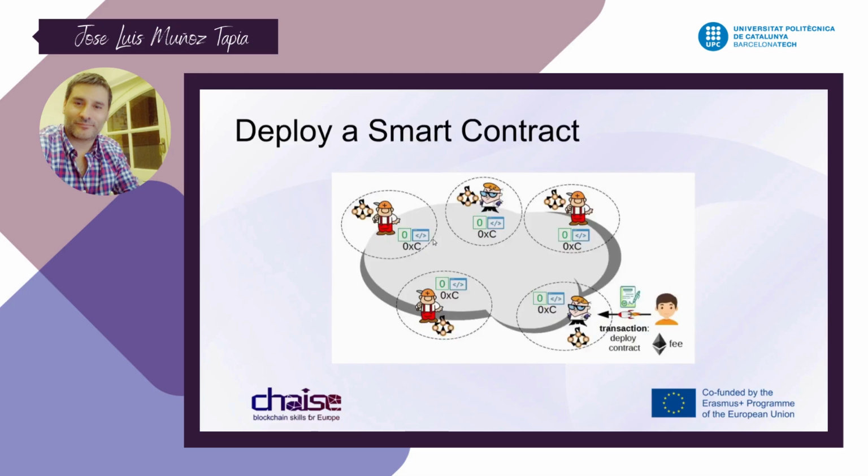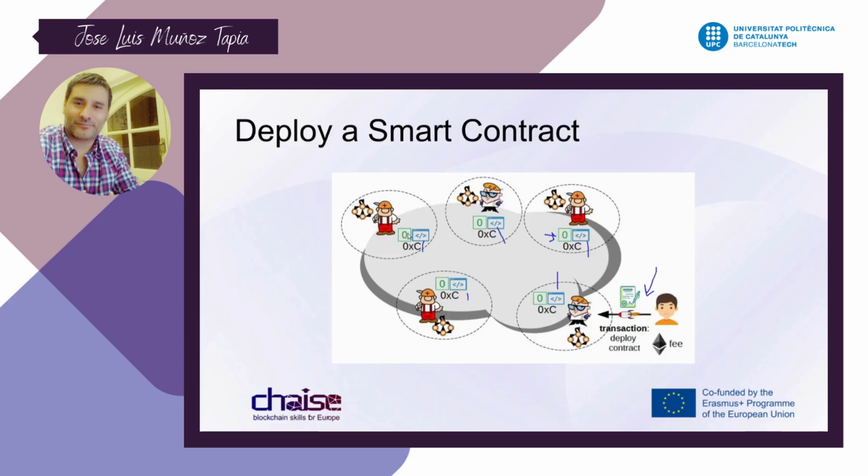When we deploy the smart contract initially, when we click deploy, we are sending a transaction to a network, and the code of the smart contract is replicated, created in each node of the network. Initially the storage is 0 everywhere.